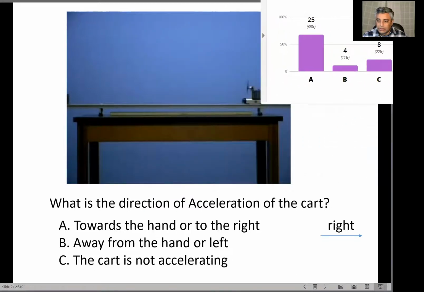So we have all the options selected, but mostly we got A. Let's say, how do we know the acceleration is towards the hand or to the right?